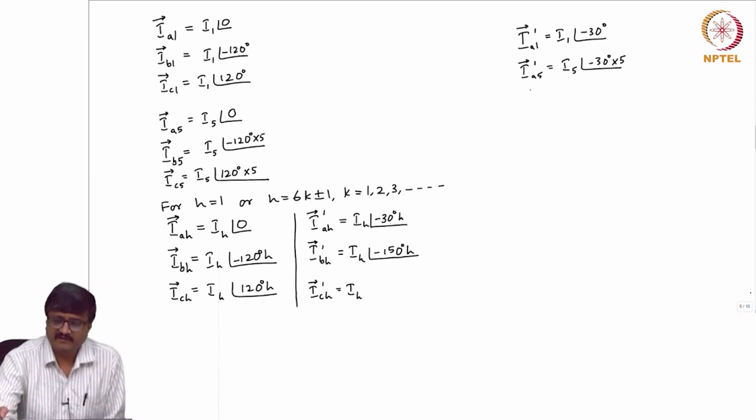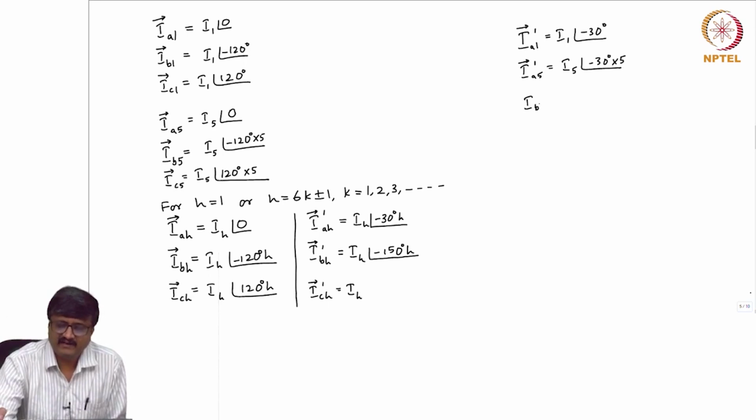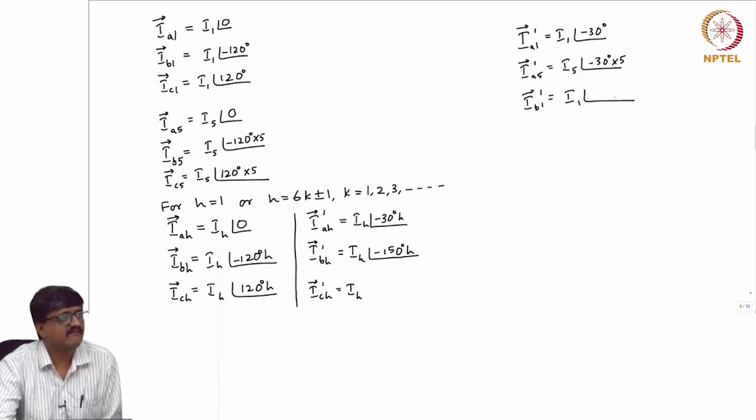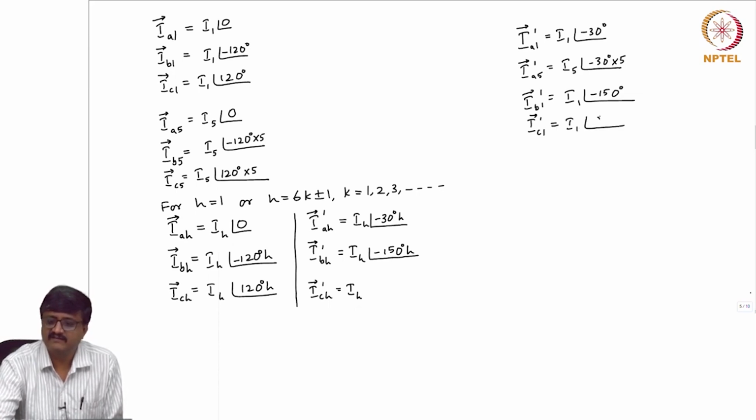See, the idea is very simple. If I take IB1 prime, it is I1 at an angle minus 150. If I take IC1 prime, it is I1 at an angle 90 degrees.